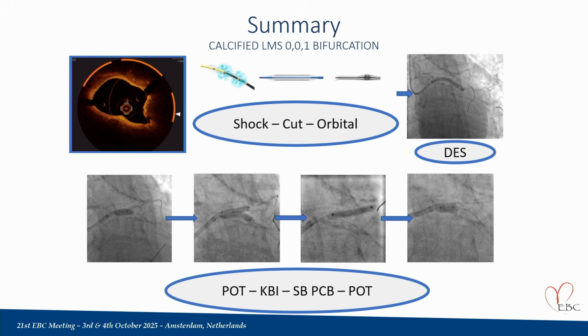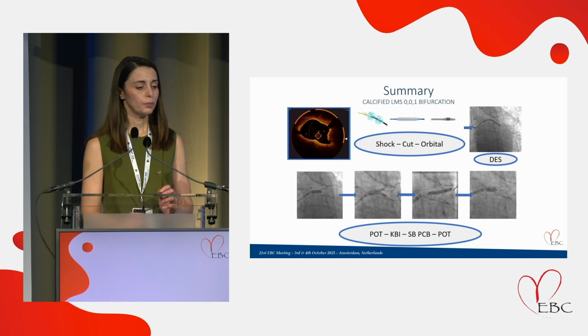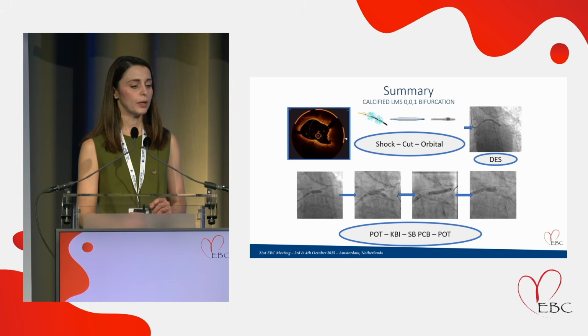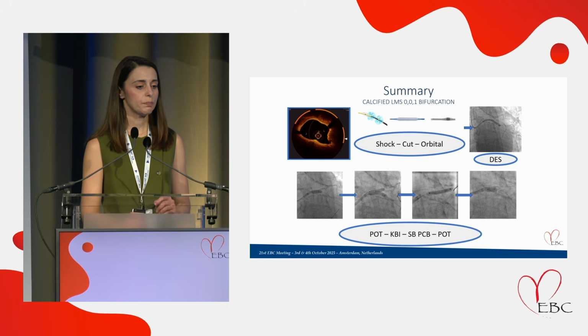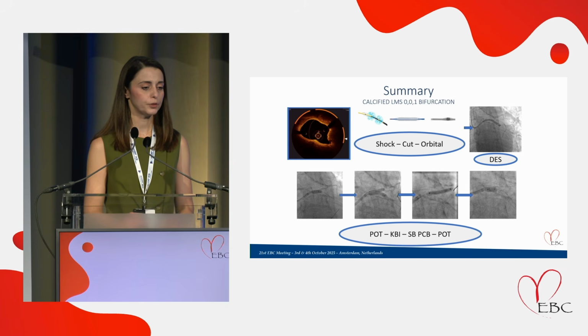So in summary, I presented a case of a calcified left main stem bifurcation, which was OCT guided with a shock cut orbital combination therapy, provisional stenting circumflex to left main, followed by a sequence of POT, kissing balloon inflations, side branch paclitaxel coated balloon, and a POT.